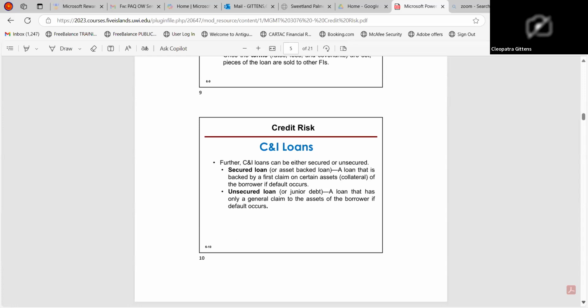Also, institutions will issue secured loans where the loan is backed by collateral, all right? And so that is negotiated. And so the bank would have the first claim on whatever the collateral is. So for a mortgage, you're building a house, and so the bank will have the first claim on the house. Usually with mortgages, the bank requires a deposit.